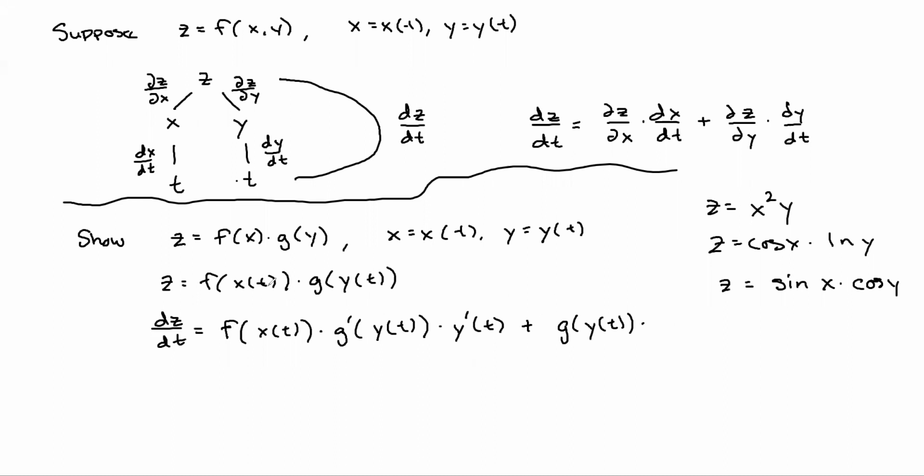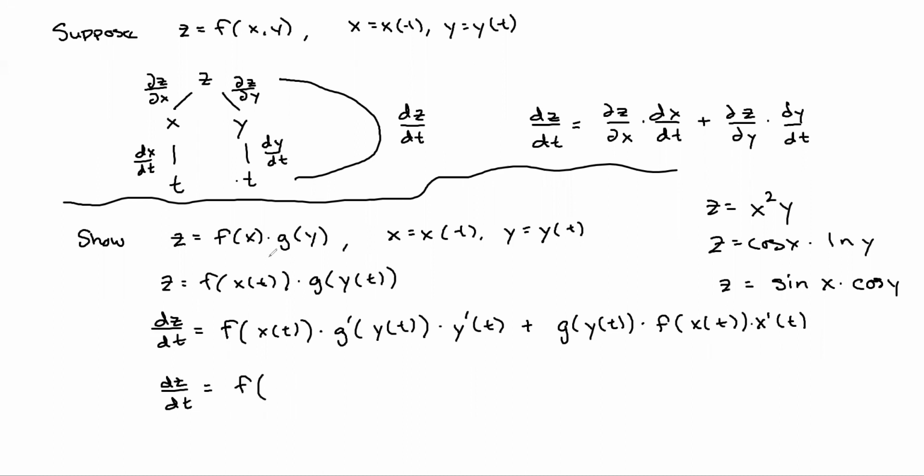And to differentiate that, you'd use our Calc 1 chain rule again. So you'd have f prime of x of t times x prime of t. All right. Now, if you look at this, can we translate this back into our original structure? The easiest way to do that is probably in two steps.